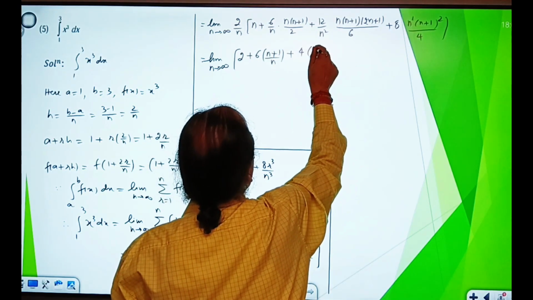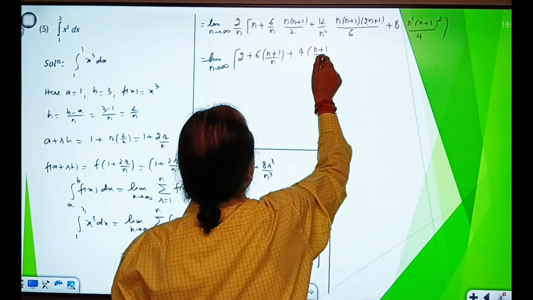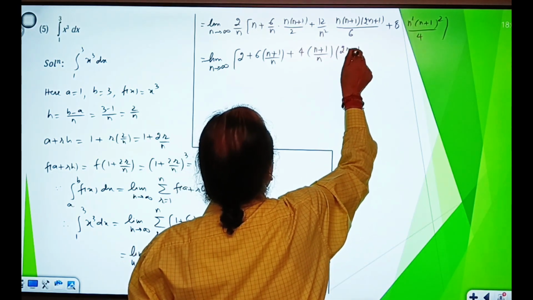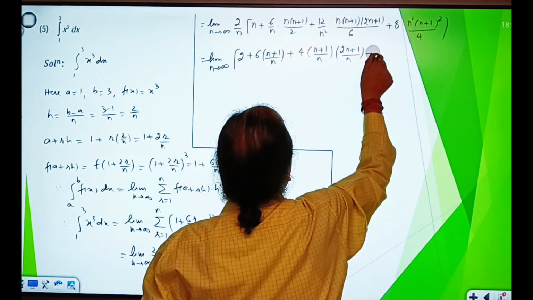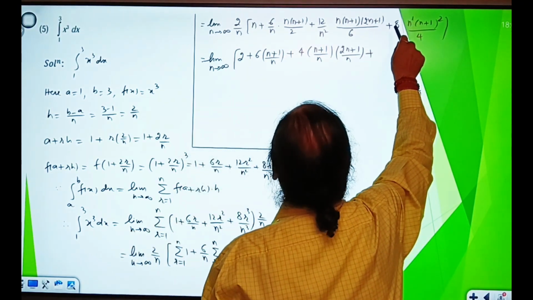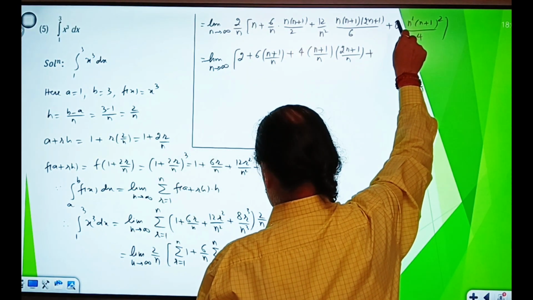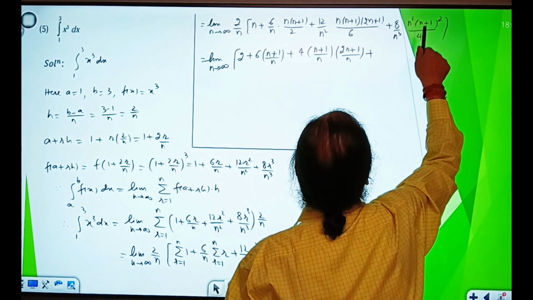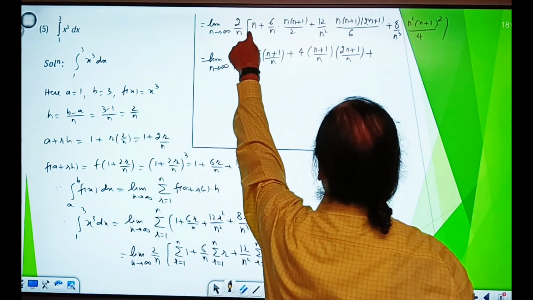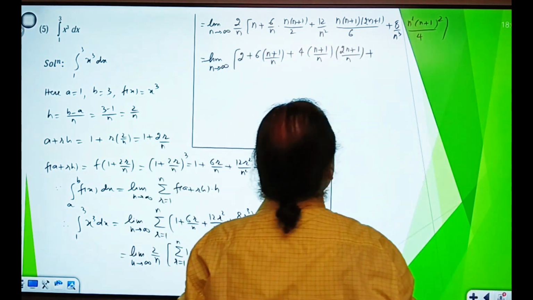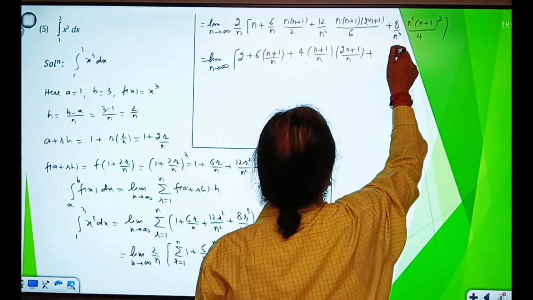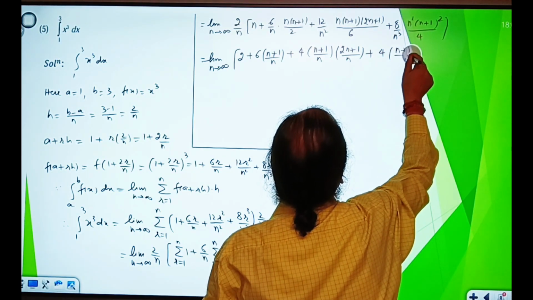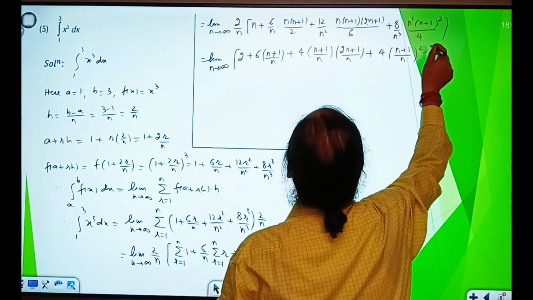So n plus 1 upon n, 2n plus 1 upon n is left. Plus 8 and 4 cancel, 8 by n cube is there. 4 and 8 cancel, 2 and this 2 you multiply, 4 n raised to 4. 1 n square cancel. So 4 into n plus 1 upon n the whole square.